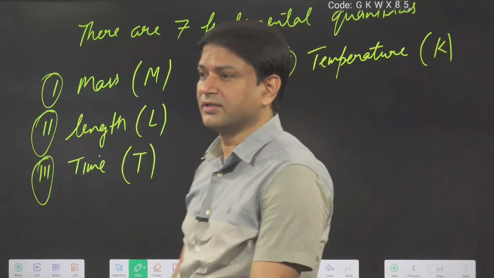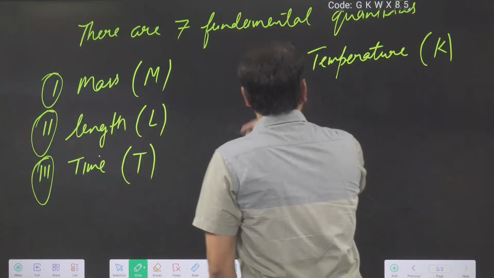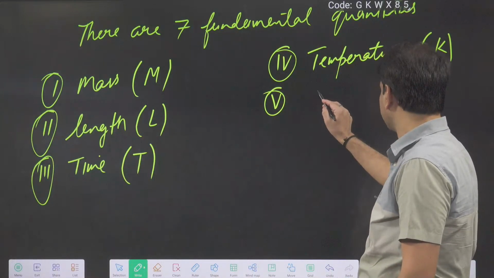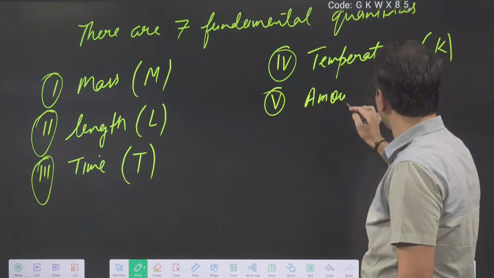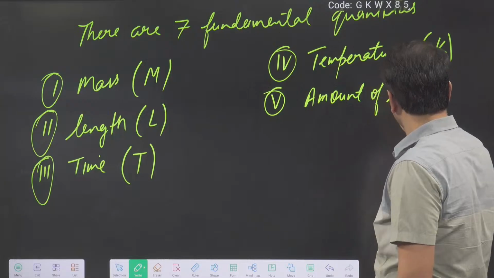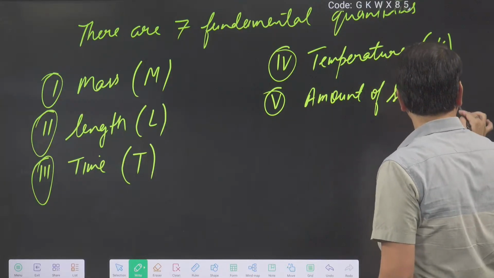Luminous intensity. Okay, good. So temperature is number 5. This we can say is the amount of substance. It is a mole.